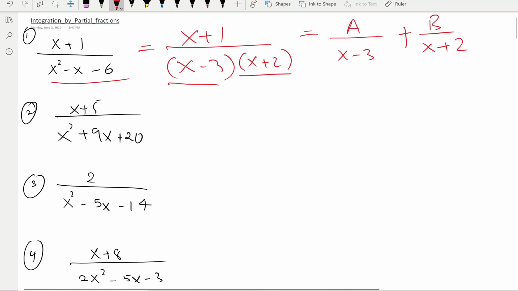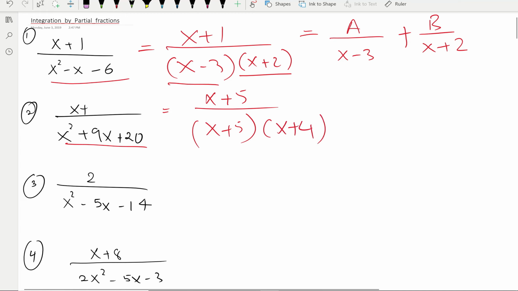Let's do another one. So here let's factor the denominator. What do we get? x plus 5, x plus 4. Well, let's change this 5 to 9, just to make sure that we don't have the same factor in the denominator and numerator. That was a mistake on my part, so I changed the question. So for x plus 5, A over x plus 5, plus for the other factor, B over x plus 4.